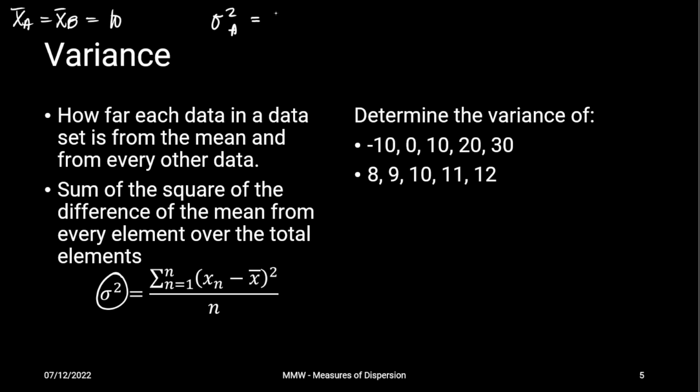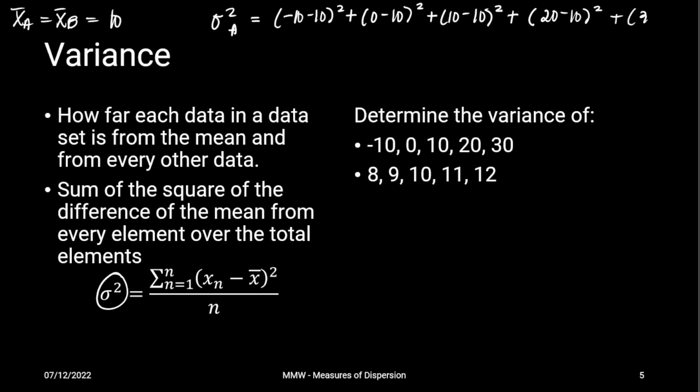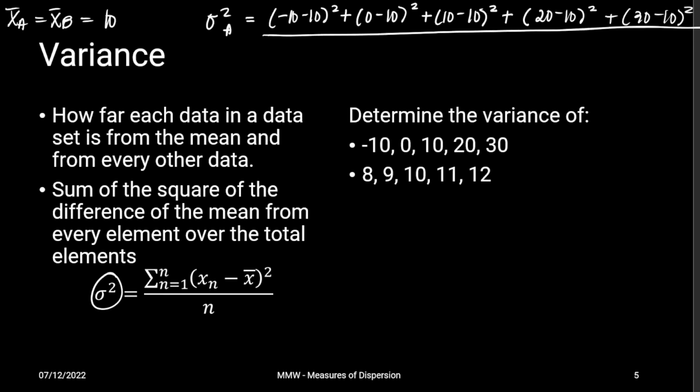So, we have negative 10 minus 10 squared plus 0 minus 10 squared plus 10 minus 10 squared plus 20 minus 10 squared plus 30 minus 10 squared, all over 5.